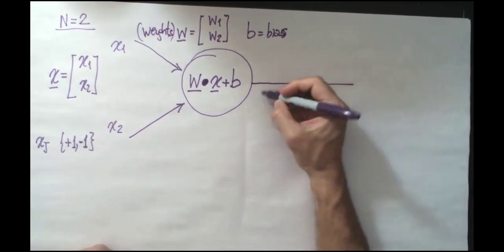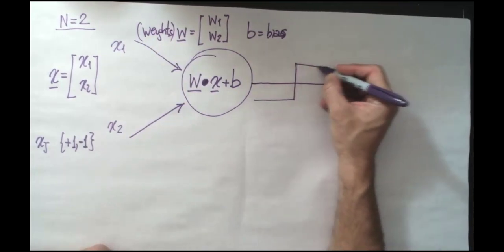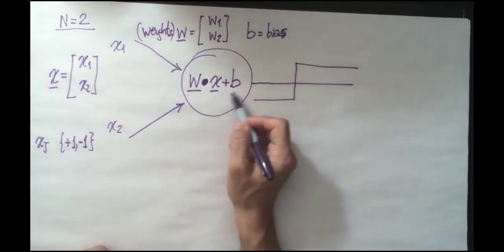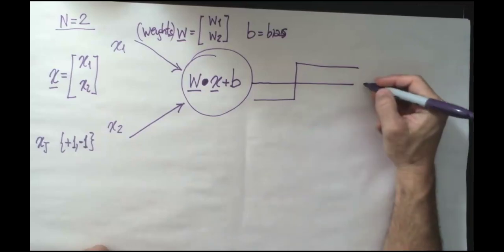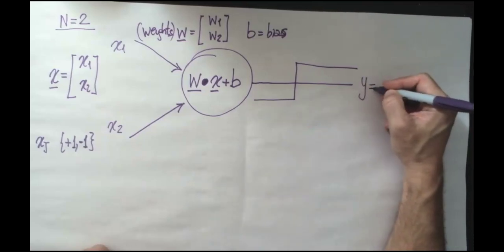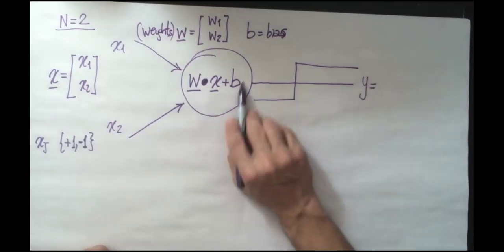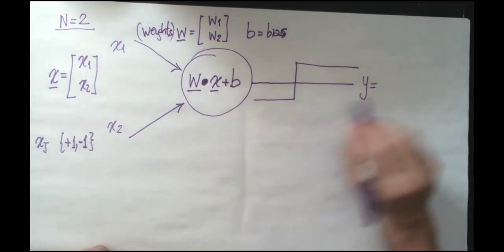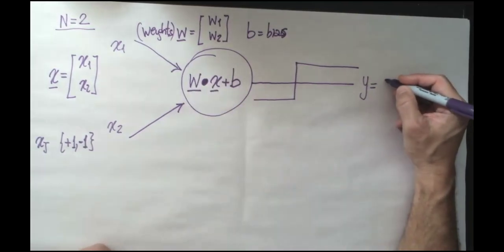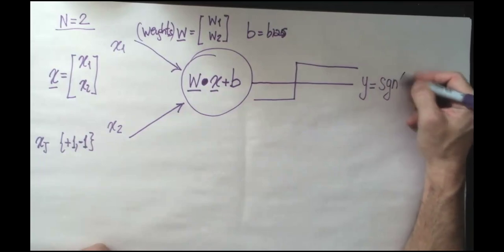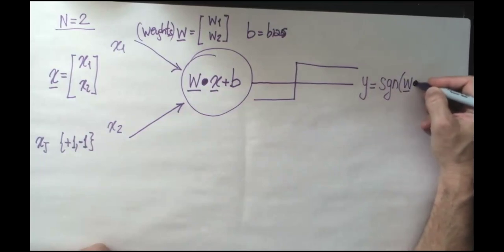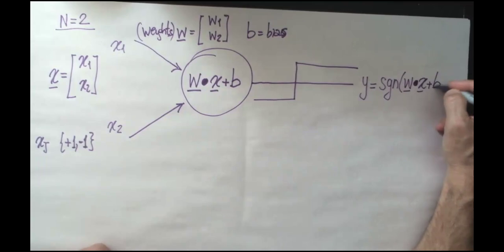Based on this value here, the output y will depend upon the sign of this quantity, W dotted x plus b.